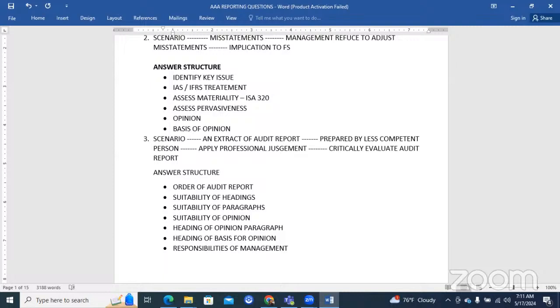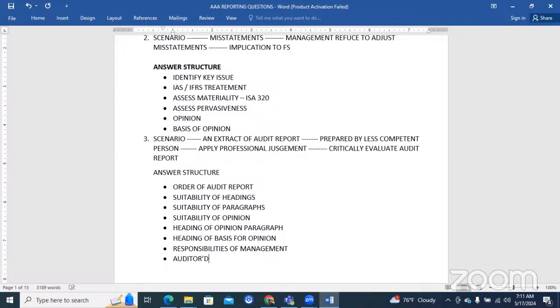Whose responsibility? It is management's responsibility. But in the audit report, the audit senior mentioned preparation of financial statements is the auditor's responsibility. That is wrong. Responsibility issue.